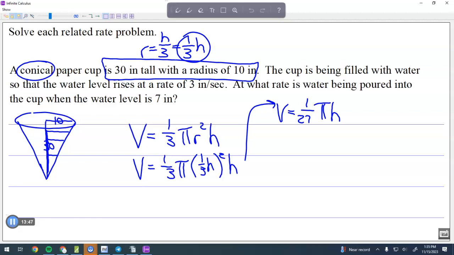This is the part where you tell me the what. Cubed, right? Because h squared times h. And volume has to be cubed. So volume has to have 3 dimensions. Whether it's 1, 2, 3, you have to have 3 variables.